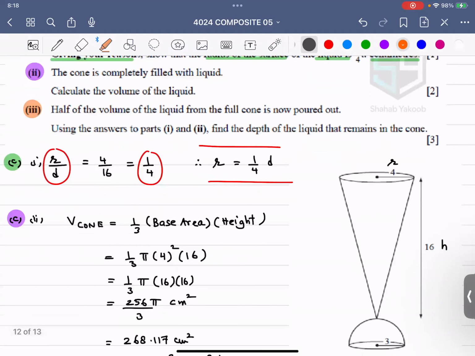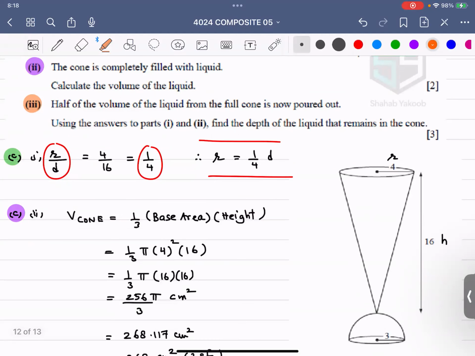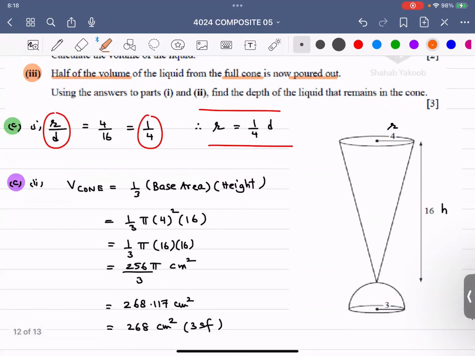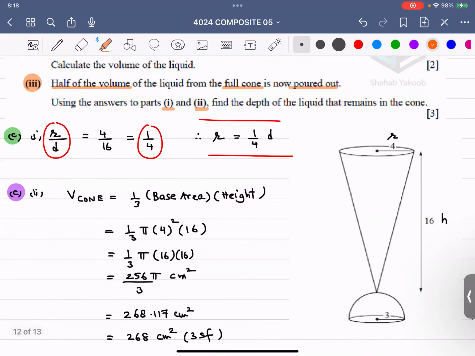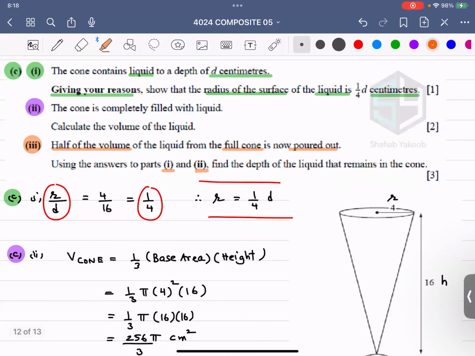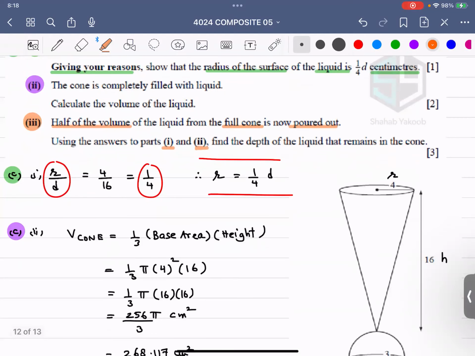It says half of the volume of the liquid from the full cone is now poured out. Using your answers to part 1 and part 2. So what is part 1? The radius and the diameter ratio. And part 2, that's the volume. Find the depth of liquid that remains in the cone.